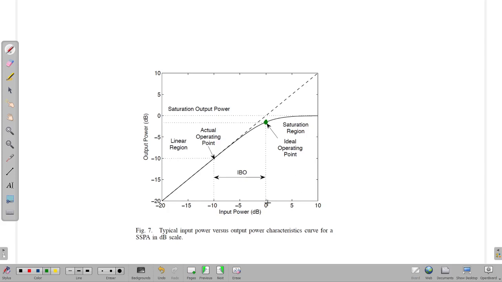From around 0 to 10 dB input power, the output has very little change, and beyond a certain point the output almost remains constant, which reflects a non-linear region of operation. For that we can define a term called IBO.